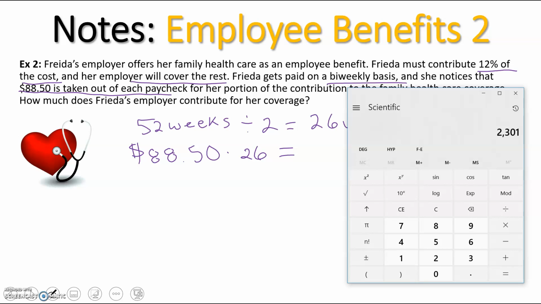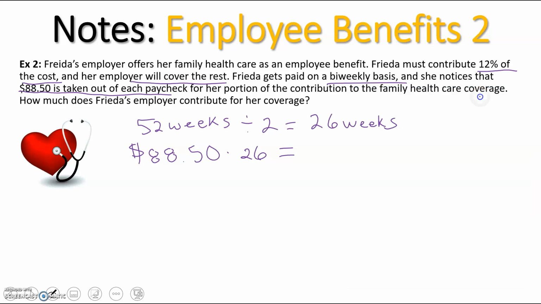That's $2,301. So this $2,301, this is Frida's contribution. Just going to abbreviate that to her health. So she is paying that portion of her health benefits.